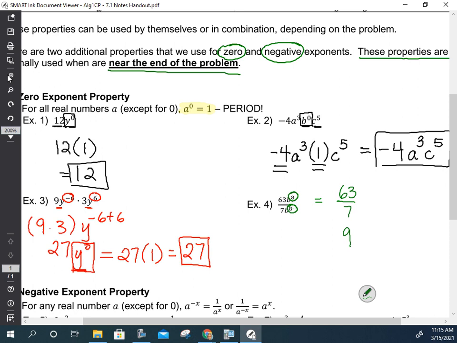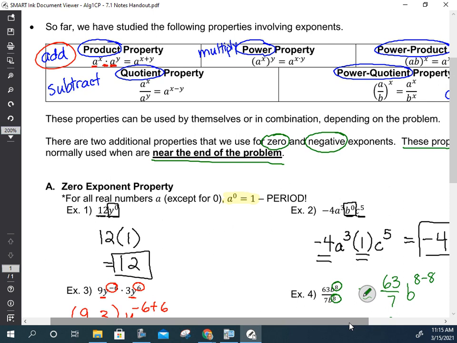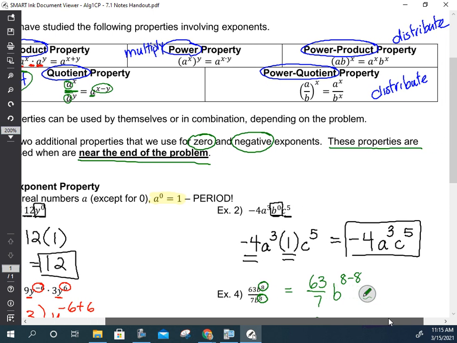I'm going to subtract them. So that's the quotient property at work. If you're dividing and you have the same base, you keep the base and you subtract the exponents. That's one of the other properties that we did last week.